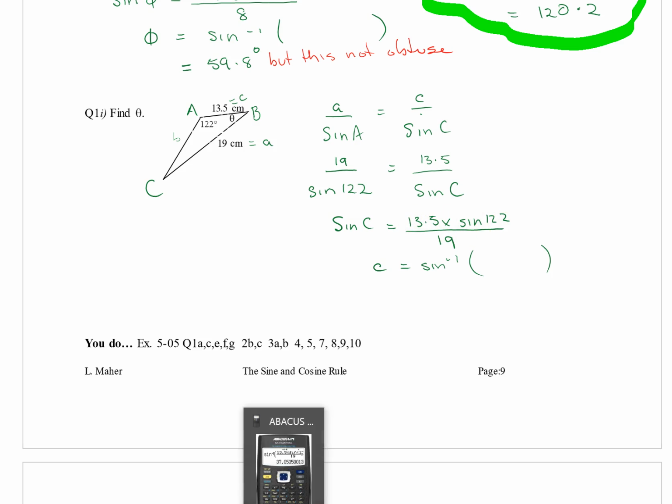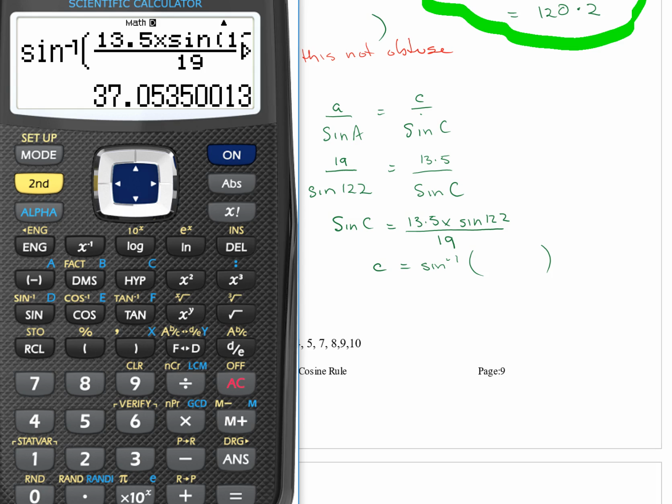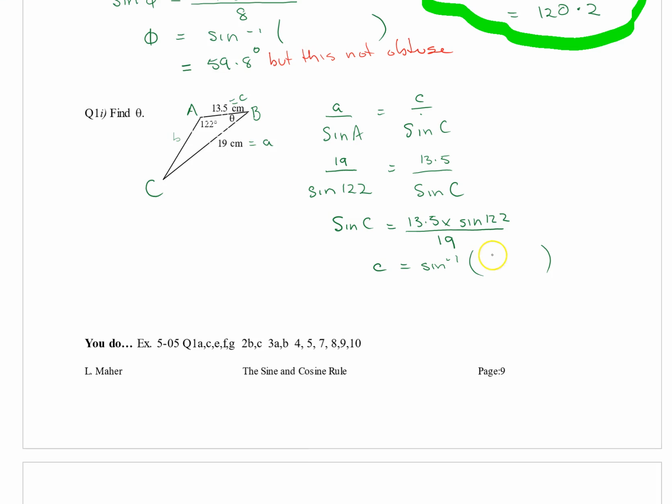If you look at the calculator now, you can see I've put in sine inverse of 13.5 times sine 122 on 19, and it's giving me 37 degrees. Now I'm happy with that, that angle C is 37 degrees, because remember, it's this actual angle here.